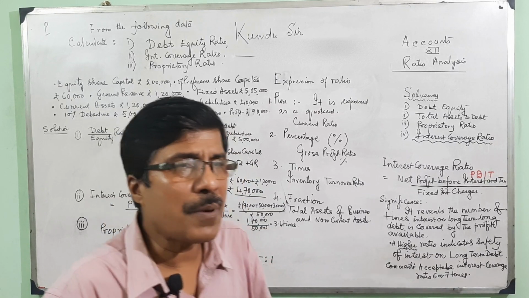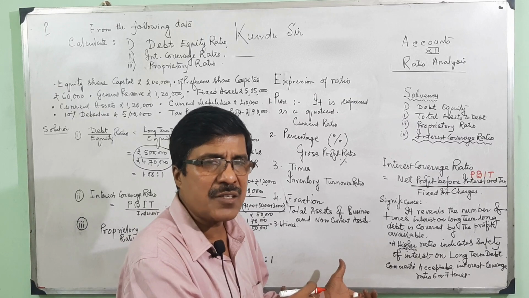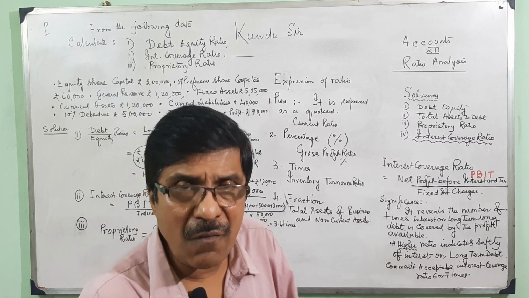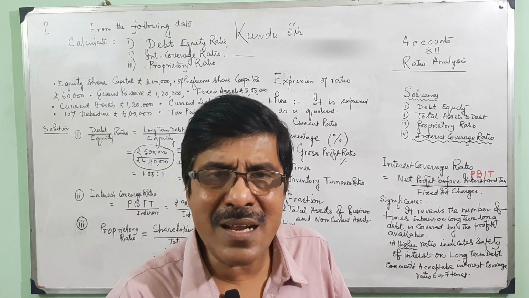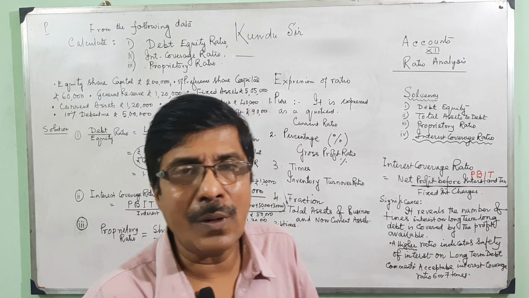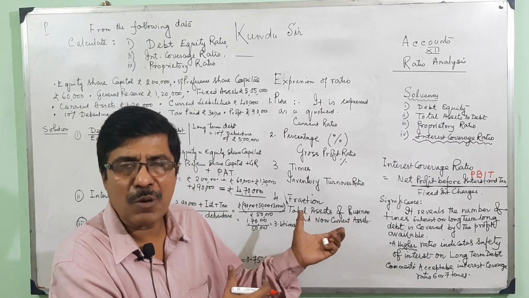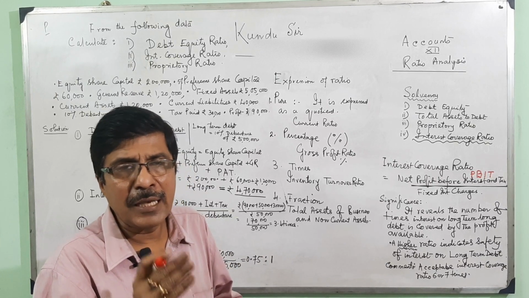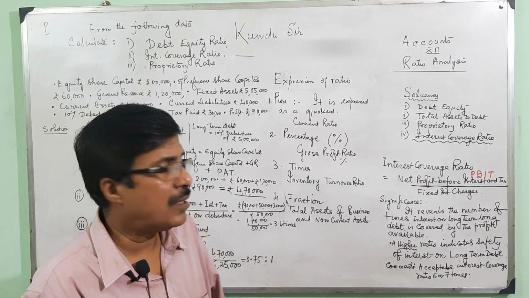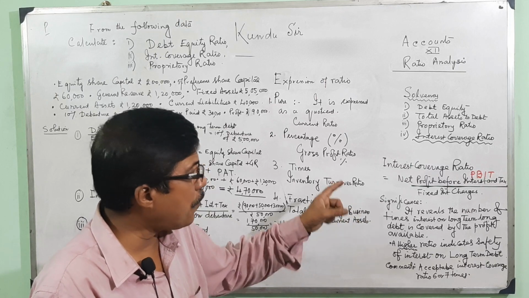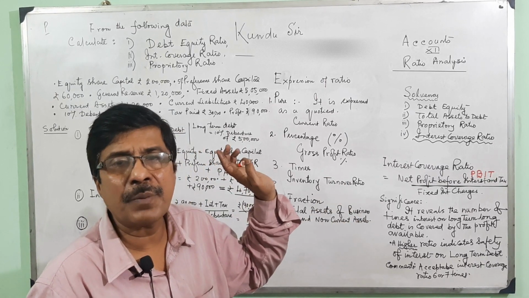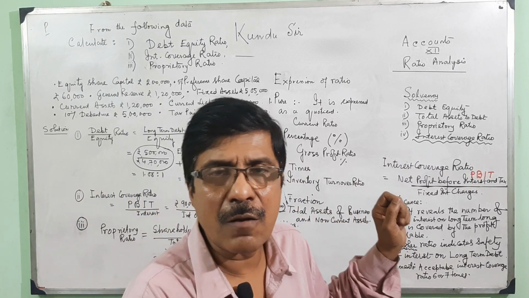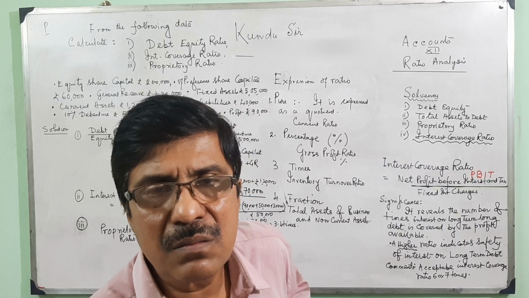One person giving a loan to this organization should check whether the company is able to pay the interest. When a debenture holder is purchasing a debenture from the company, he or she should first check the ability to pay the interest on the debenture. Thereafter, they will make the investment in the company and purchase the debenture.